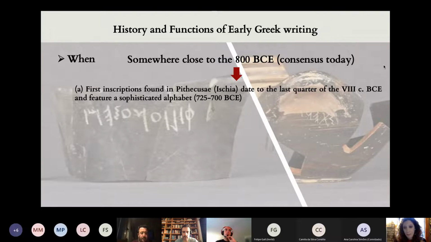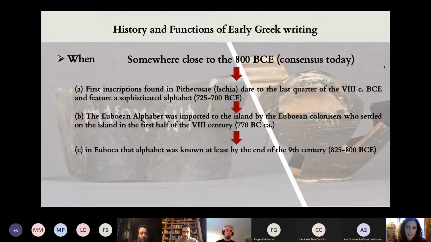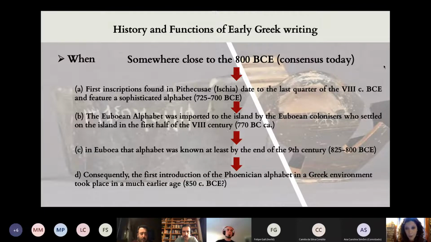So the assumption is that when the Euboeans founded Pithekoussai in Ischia, they already had a well-developed alphabet, and so this alphabet should date to some years before, at least to the last quarter of the 9th century. So the first introduction of the Phoenician alphabet into the Greek environment took place much earlier, maybe in the first half of the 9th century.